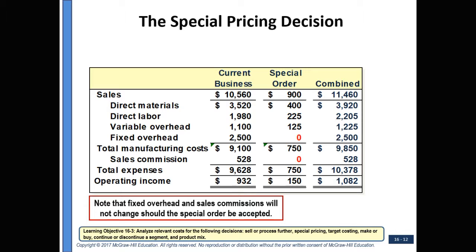There would be no change in fixed overhead, so we would make that 0. And there would be no sales commissions, so we make that 0. This means that by taking on this special order, there would be an additional $150,000 in operating income that we would experience.